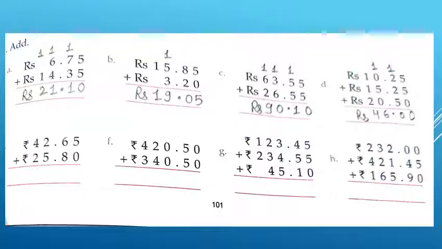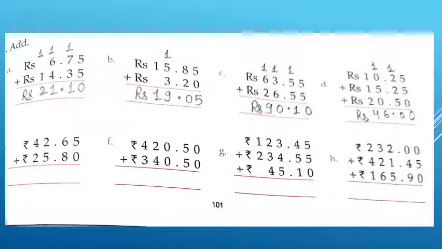Now let's see the D part. Here you have to add rupees 10.25, rupees 15.25 and rupees 20.50. Okay children, so we add them like ordinary numbers. We start adding from right side.